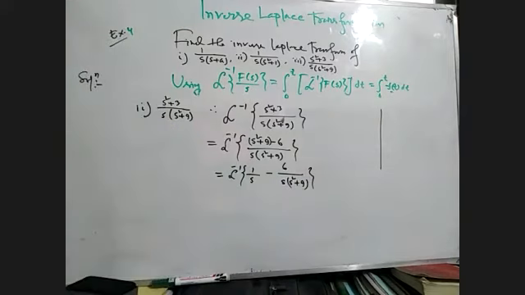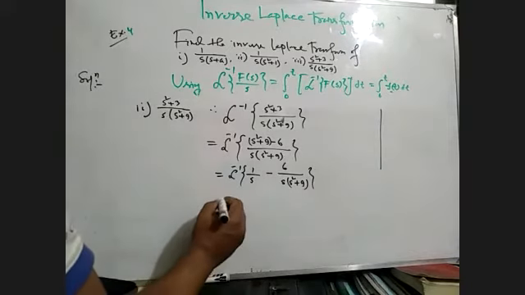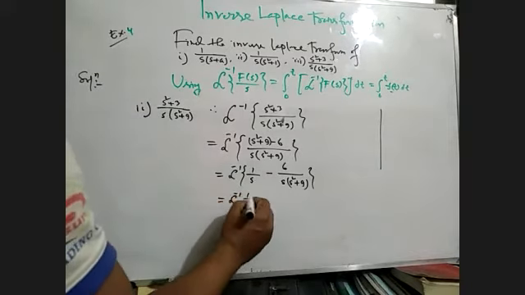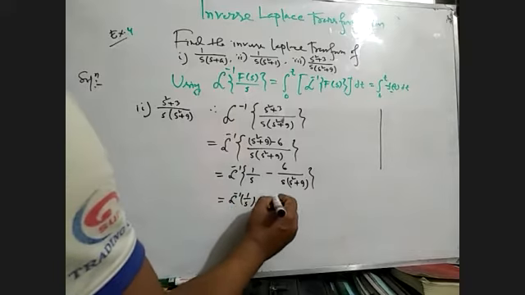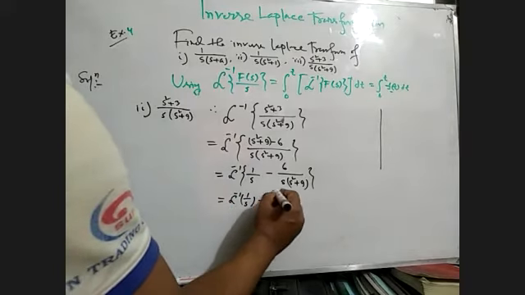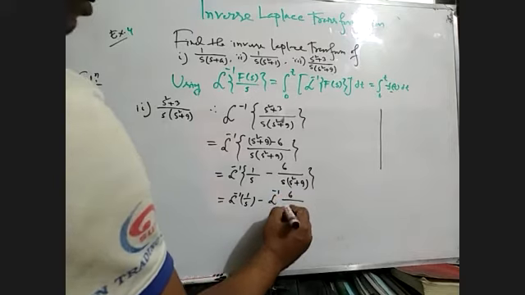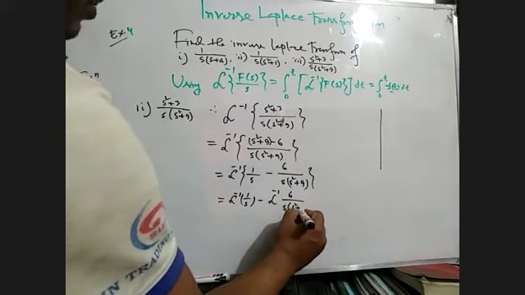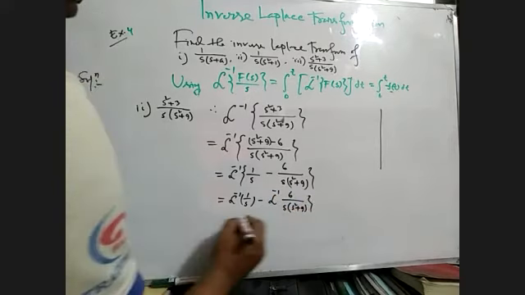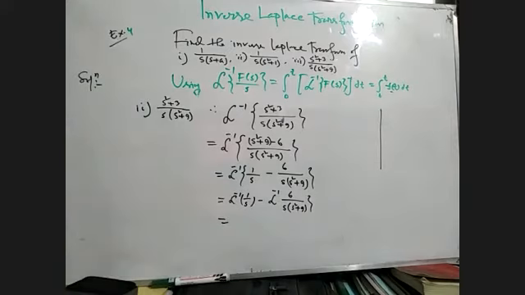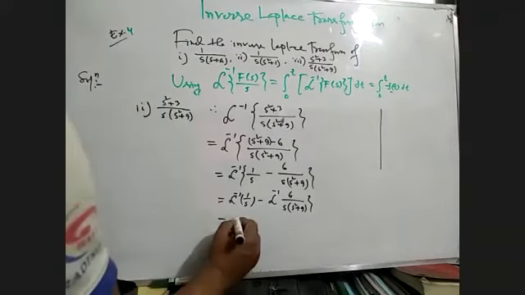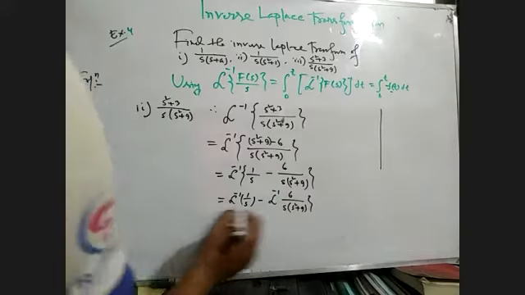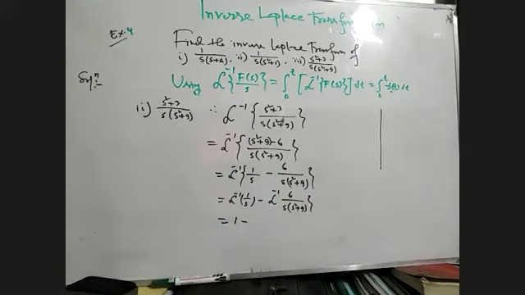So there are two parts. Now, the inverse Laplace transformation of 1 by s minus the inverse Laplace transformation of 6 divided by s into s square plus 9. The inverse Laplace transformation of 1 by s, you must know, is 1. Now, using the 1 by s property.